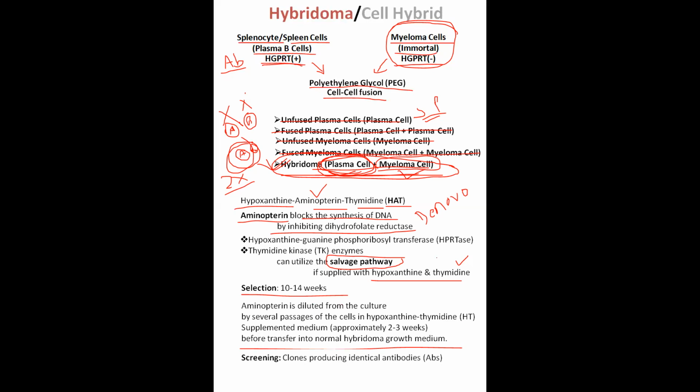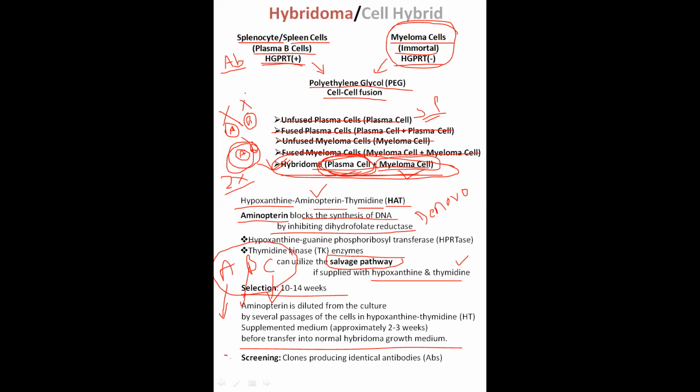Now we have the hybridoma, suppose A plasma cells, B plasma cells, and C plasma cells. One will produce an identical antibody, another will produce an identical antibody, and the third will produce an identical antibody. But now they are present together, so it is a polyclonal antibody.